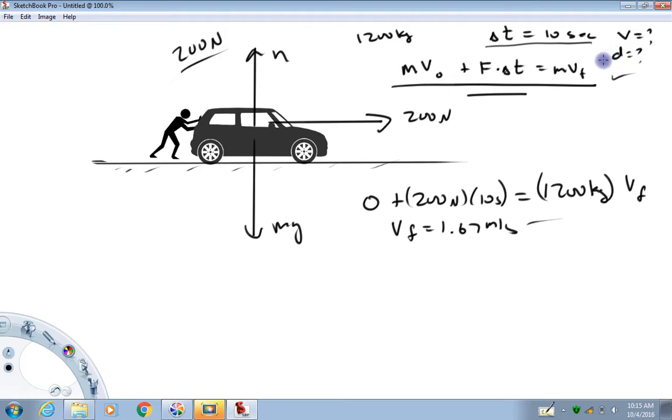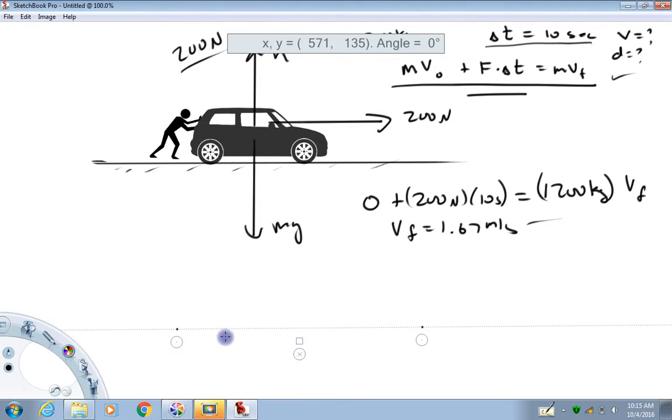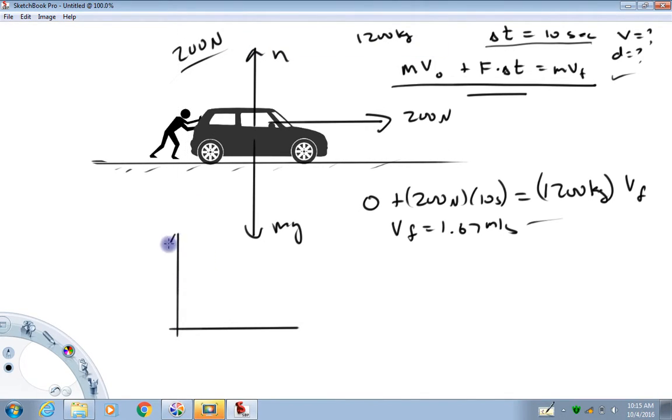Now, to get the distance traveled, there are a couple of ways to do that. I'm going to do what I usually do. I'm going to start with a velocity graph when I analyze the motion of a particle. So velocity against time. Take note that at t equals 0, it's not moving yet. 10 seconds later, the car is going 1.67 meters per second. I'm going to put that point here.